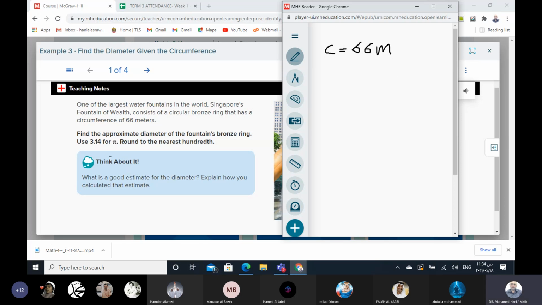And we want to find the approximate diameter. This is your question, Abdullah. Now the missing number is the diameter. And this is a fixed value, always pi equals 3.14.